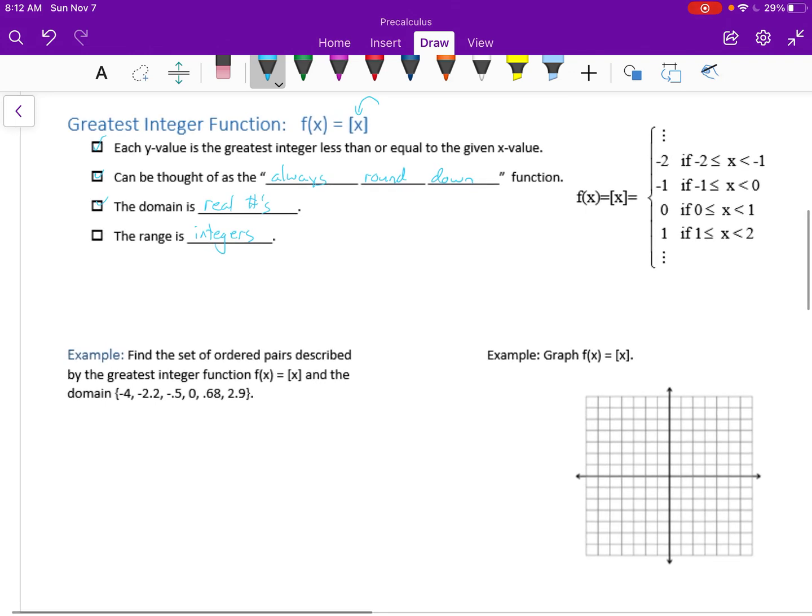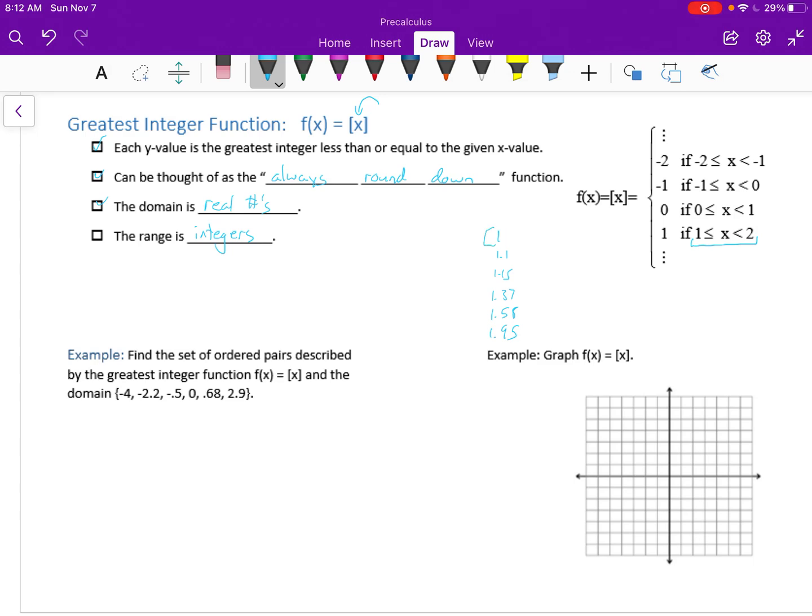Looking at our interval, let's actually start with this one. Anything from 1 to 2, so like 1, 1.1, 1.15, 1.37, 1.58, 1.95, all of these, anything between 1 and 2, we always round down.